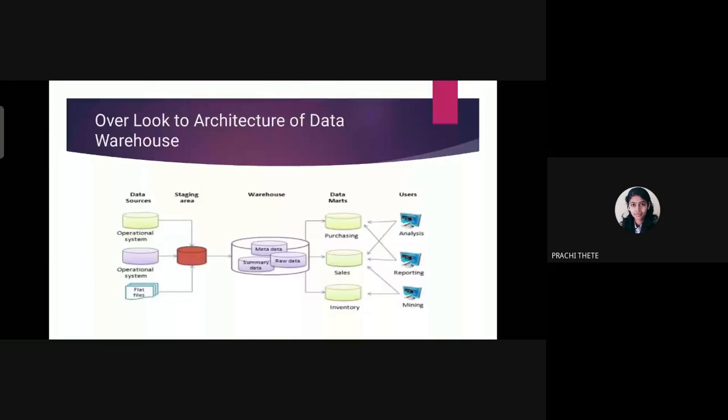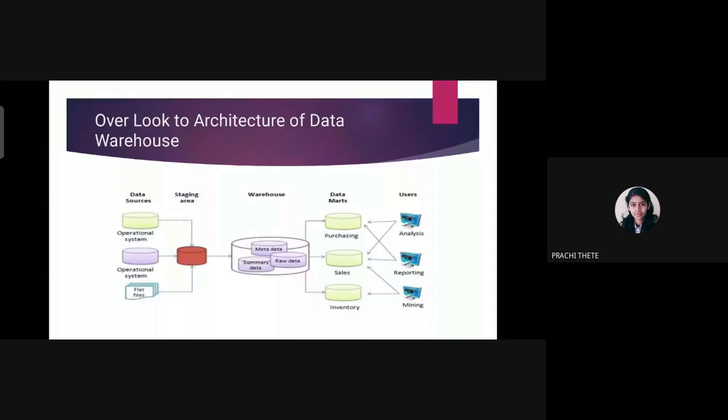In metadata, we will get the data of the data, meaning where the data is stored, which data is stored, everything we will get in the metadata. In summary data, we will get the summarized data, and in the raw data, we will get the raw data.